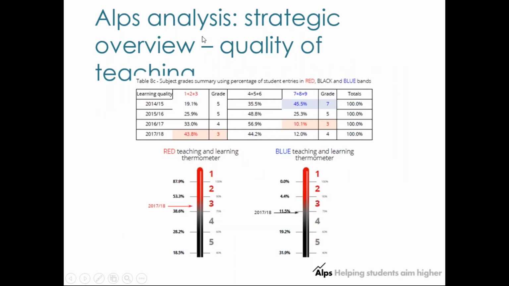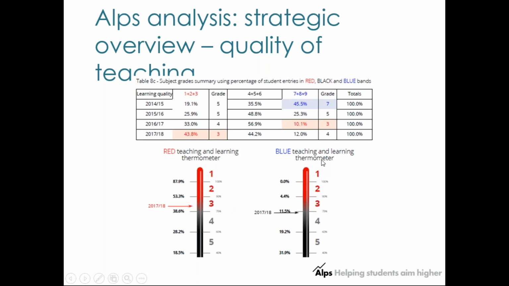We will also allow you to look at the quality of teaching, and the quality of teaching is here. We can look at your red teaching thermometer and your blue teaching thermometer. Now, your red teaching thermometer is telling you the number of entries that find themselves in subjects which are colored red, 1, 2, or 3.